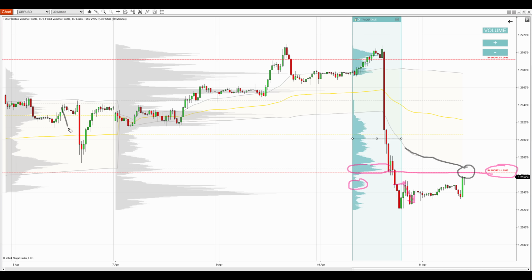And also, if you look in here, there was a strong reaction to this level in the past, which means it was a strong support. Not exactly the level, but the general zone, all right? It was a strong support. Now, when the support got breached, it turned into a new resistance.